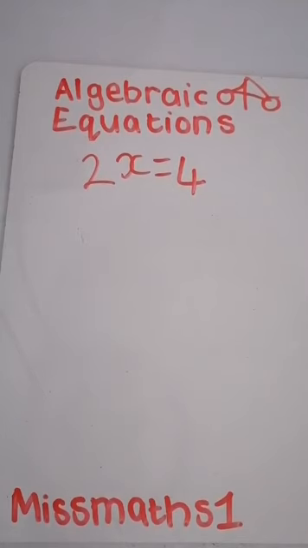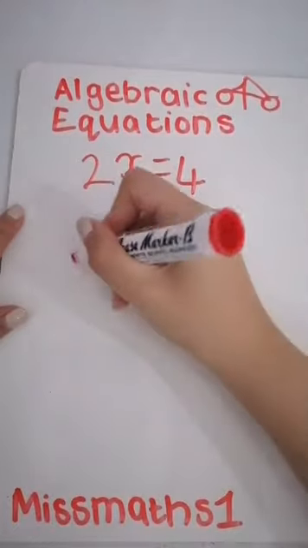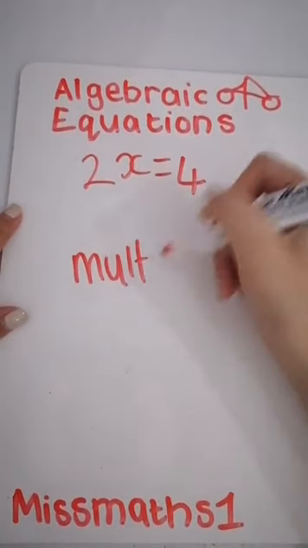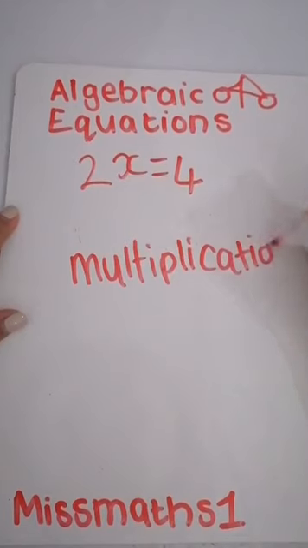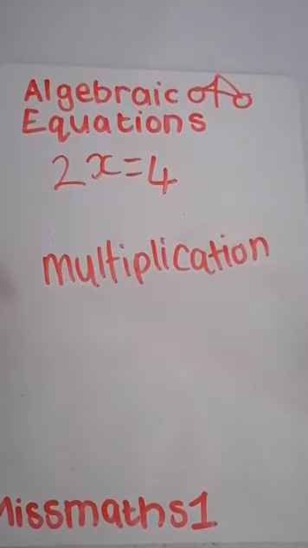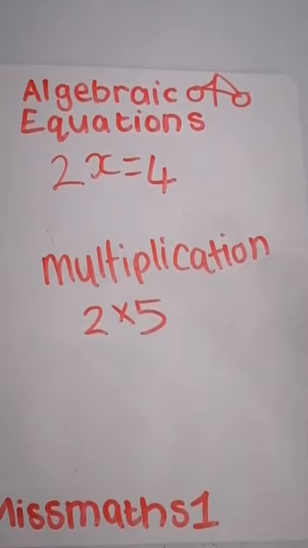Okay, so guys, 2x is equal to 4. The difficulty in this, and a lot of students don't understand it, is the evolution of multiplication. So I'm just going to write it here. You guys will recall something like this: 2 times 5.